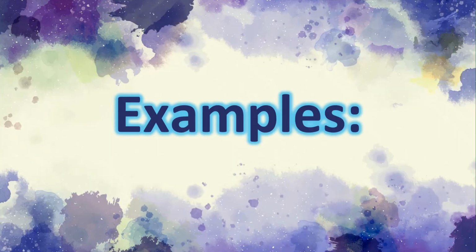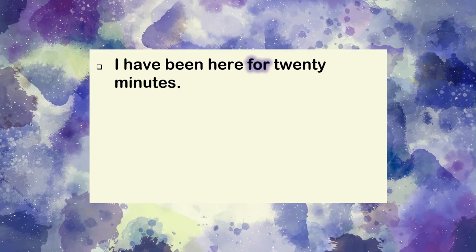Here we have the examples, right? I have been here for 20 minutes. So remember that you're going to use the word for when we talk about a period of time. In this case, for 20 minutes, for 3 days, etc. Right? So also don't forget the structure. First the subject, then the auxiliary verb.